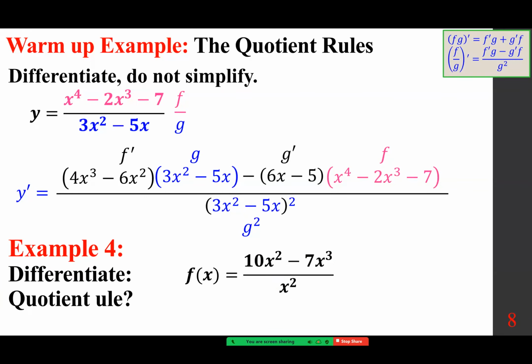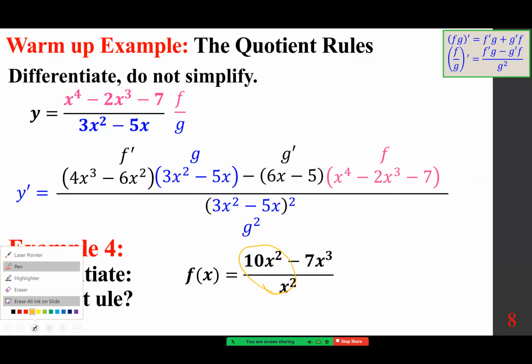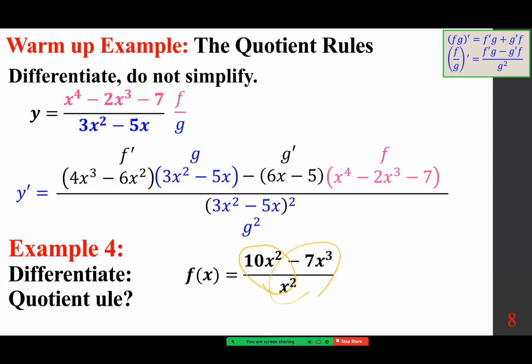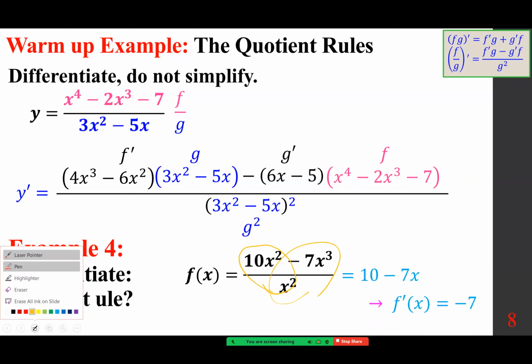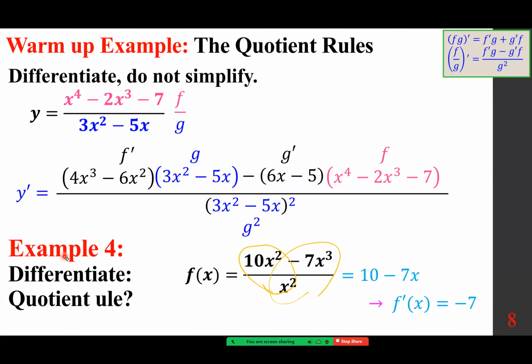So here are the two fractions. Here's one of them, one fraction. Again, this is elementary algebra. Here's the second one. And as you can see, the answer is minus 7. So you don't have to do much. You don't need to do the quotient rule. This is a constant, 0. This is minus 7 when you differentiate.